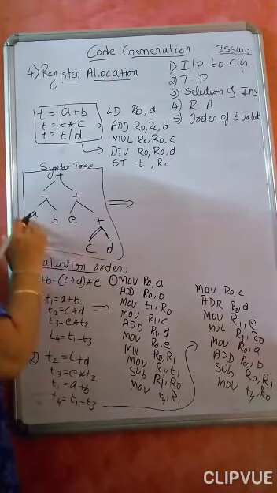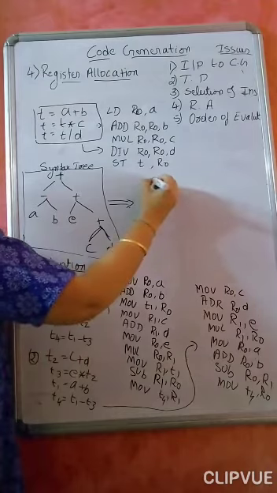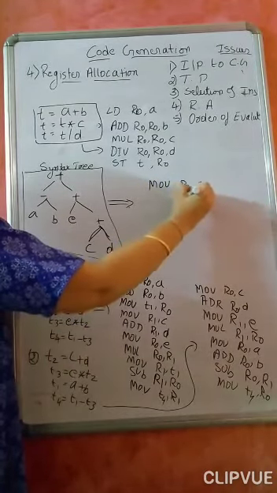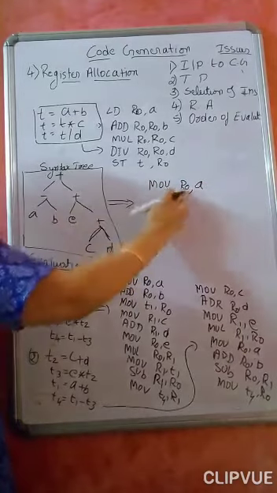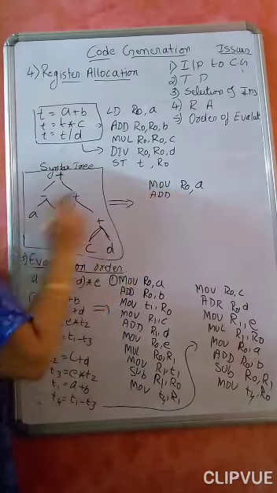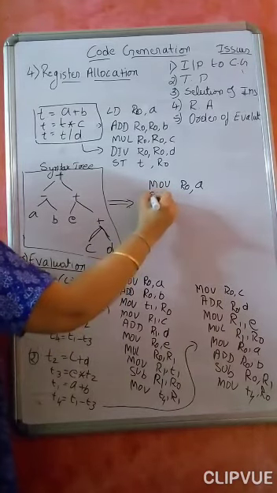First I'll go for this one. I'll move A into the register R0, and I'll add, sorry, not add, it is subtract.